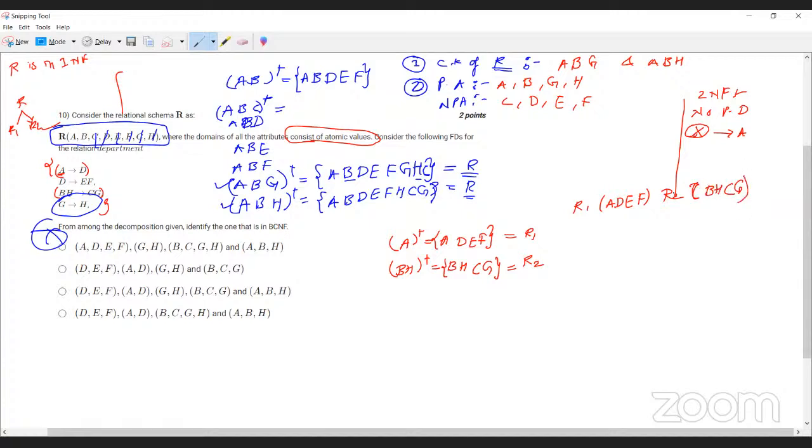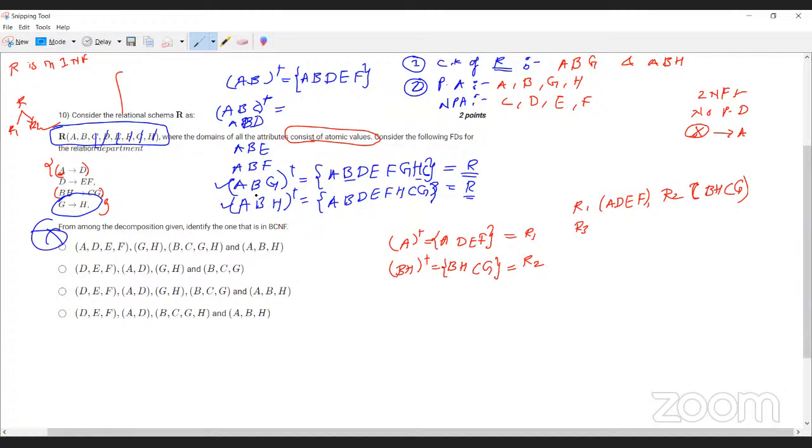Now, is this decomposition lossless or lossy? Lossy, because there is no intersection, right? So we need to make this decomposition lossless. I can add one more table R3, and I can make any of these keys a table, ABG or ABH here.